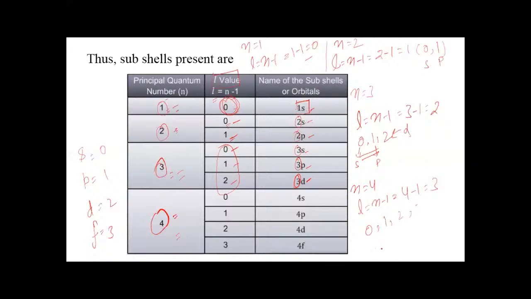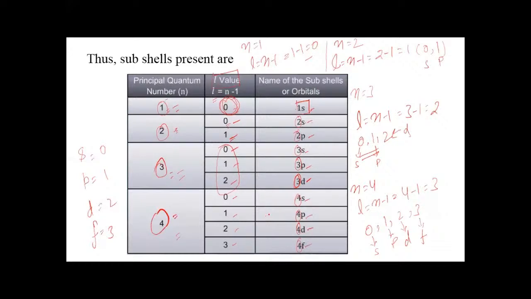For 0 we use s, for 1 we use p, for 2 we use d and for 3 we use f. So these are the 4 l values 0, 1, 2, 3, and this 4 is the principal quantum number, and s, p, d and f are notations according to the l value.